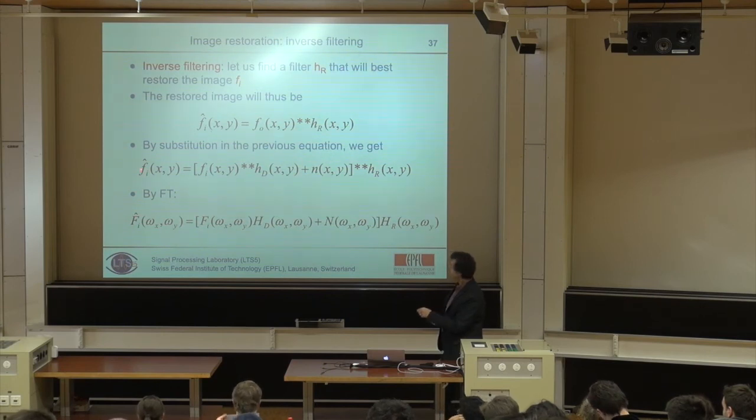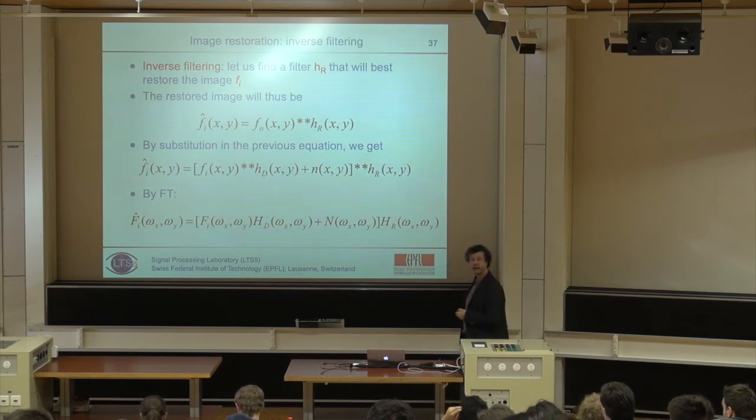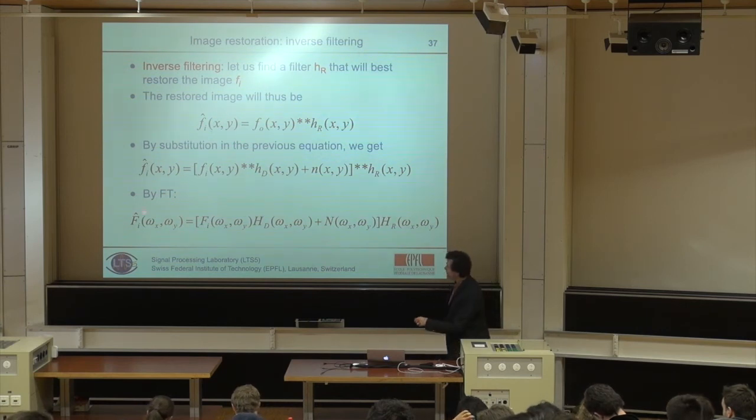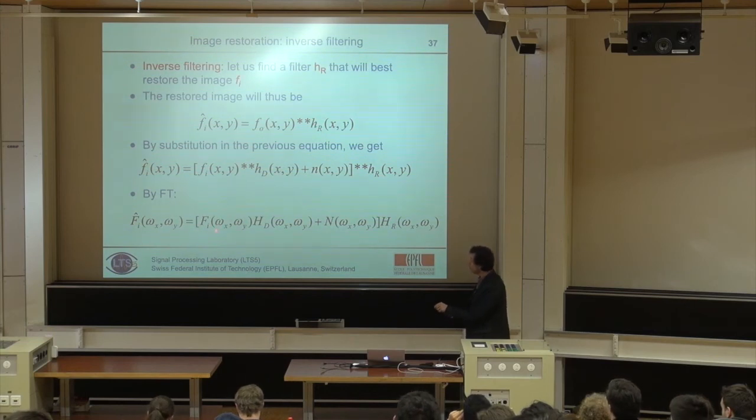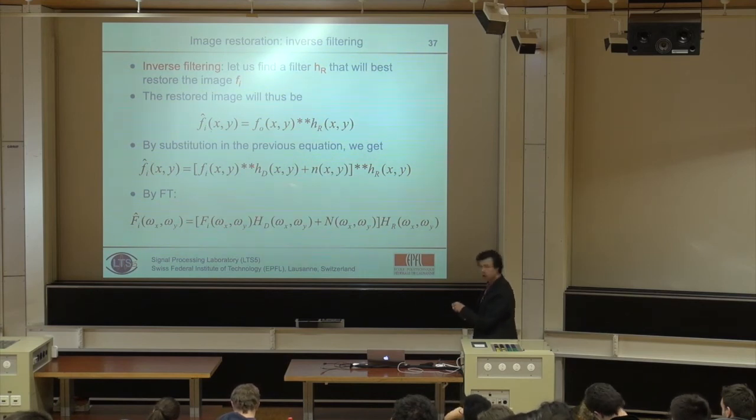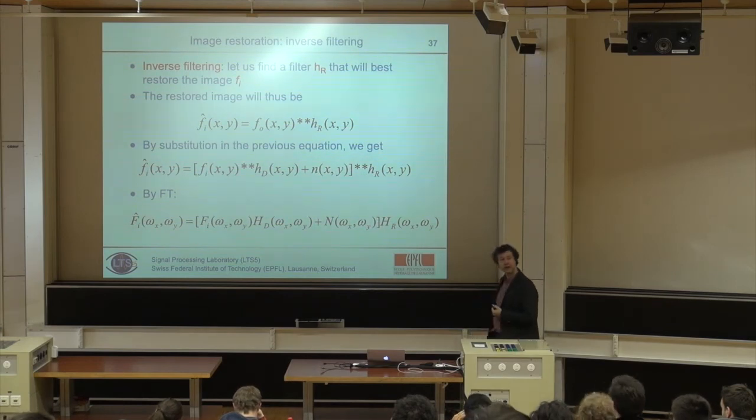So my estimated image is my observed image convolved by the restoration filter that I want to find. If you prefer writing it in the Fourier domain, the Fourier transform of my restored image should be close to the ideal. My restored image is the product, since convolution becomes a product, of the Fourier transform of my observed image multiplied by the Fourier transform of my restoration filter.